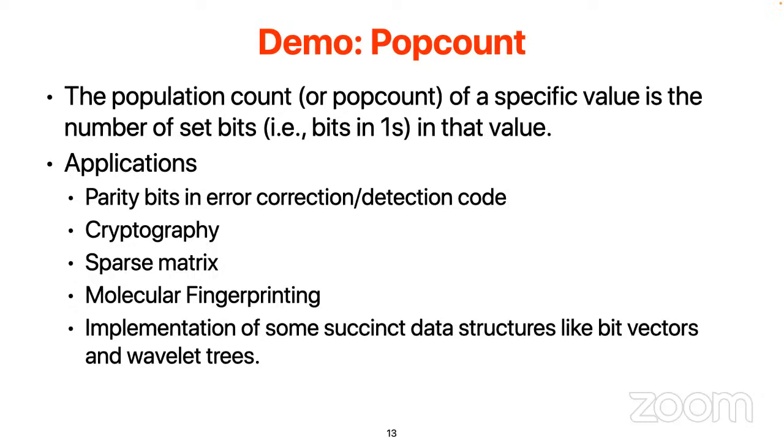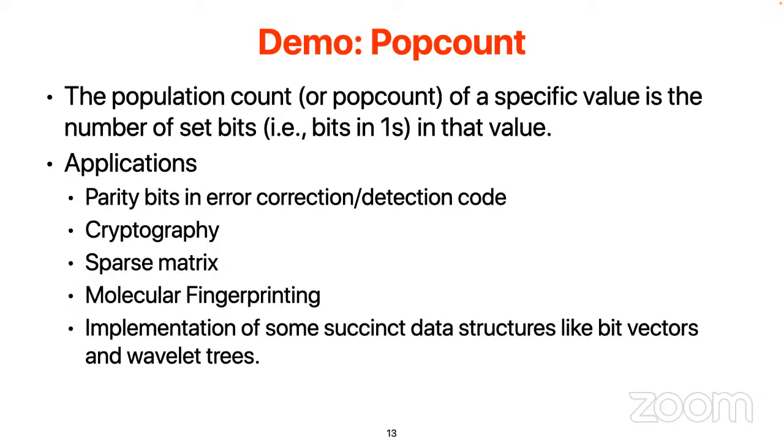For example, if you want to design error correction code, parity check code, you need to know how many ones and zeros are in your number. And if you want to do cryptography, right, you also need that. And sparse matrix multiplications, you also need to know where we have numbers and the intersection, where we are going to get results produced.